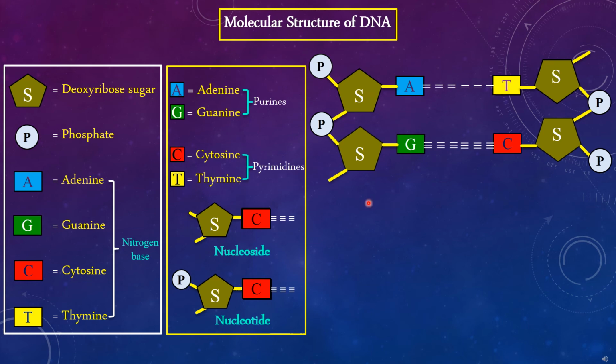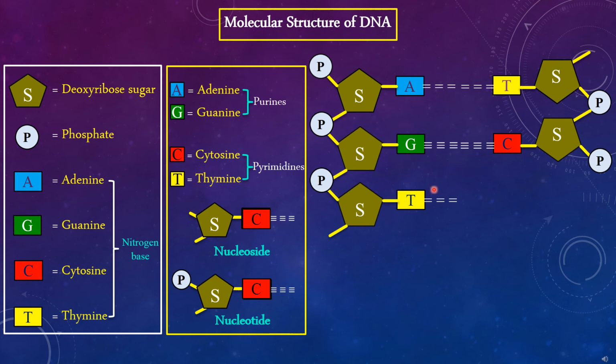If the purine is adenine, the pyrimidine will be thymine. If the purine is guanine, the pyrimidine will be cytosine. Between adenine and thymine there will be a double hydrogen bond, and between guanine and cytosine there will be a triple hydrogen bond.